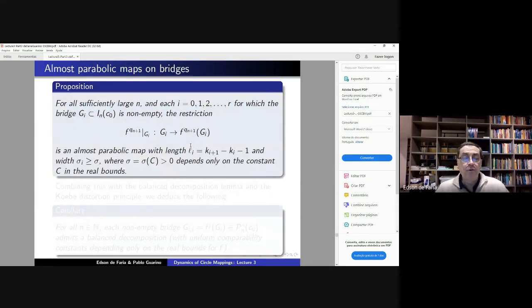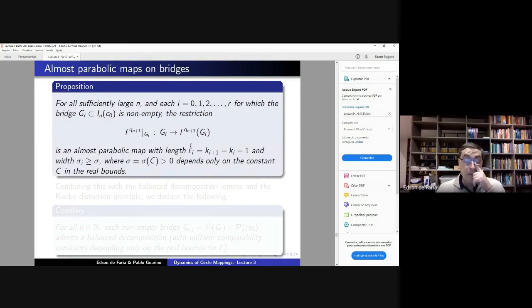So first, I gave you a lemma a while ago, a consequence of Yoccoz's inequality, saying that when you have an almost parabolic map, you can do a balanced decomposition of the domains of this almost parabolic map. So to decompose the bridges, you first need to know that these bridges really are domains of almost parabolic maps. And this turns out to be a nice lemma.